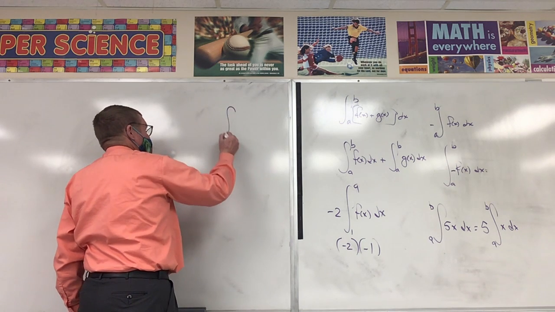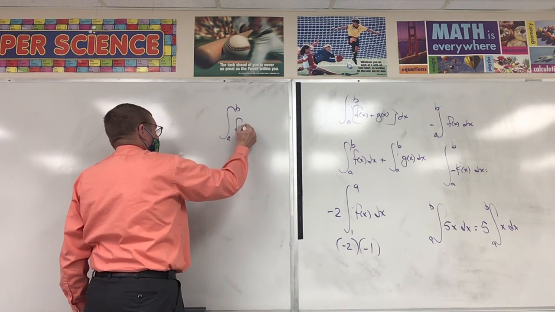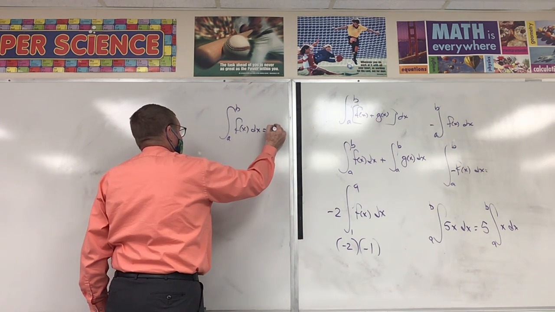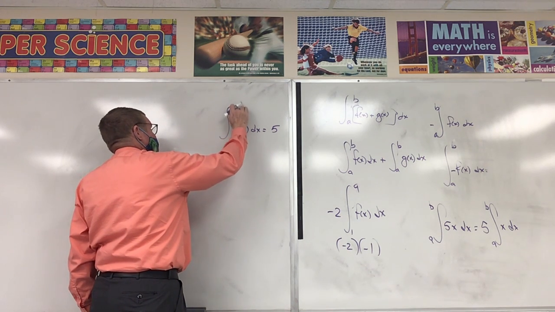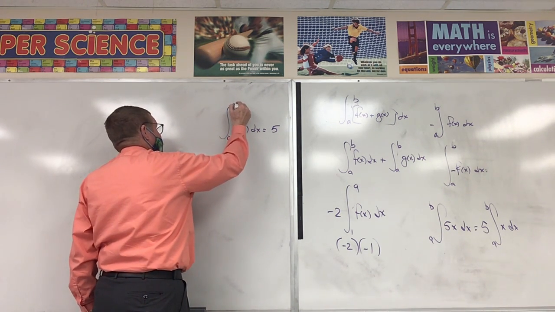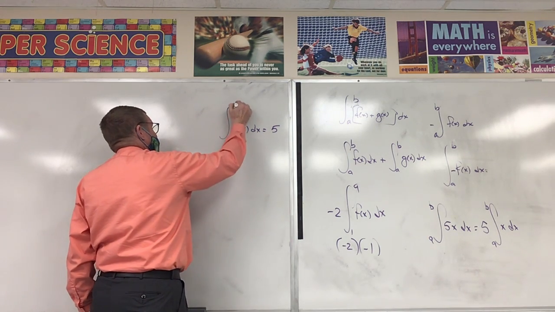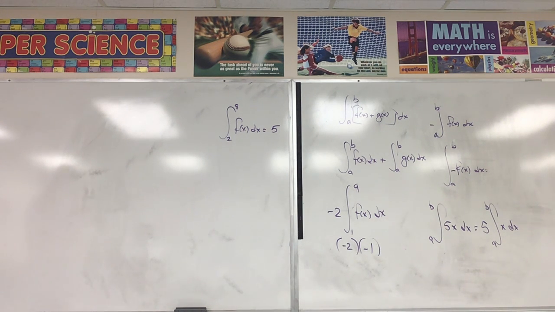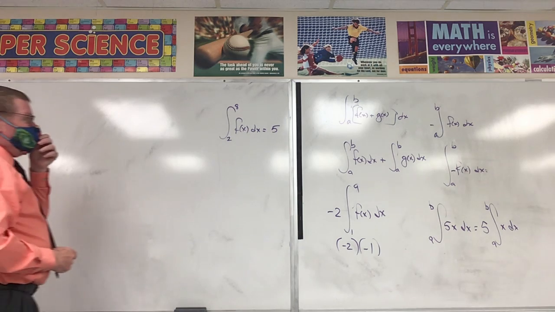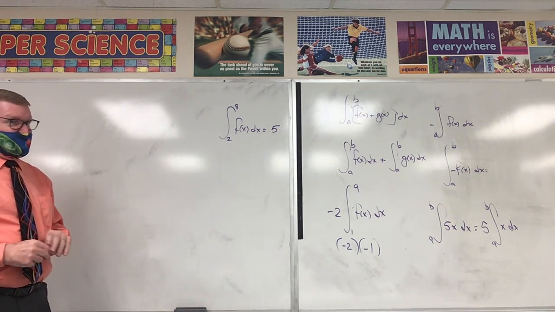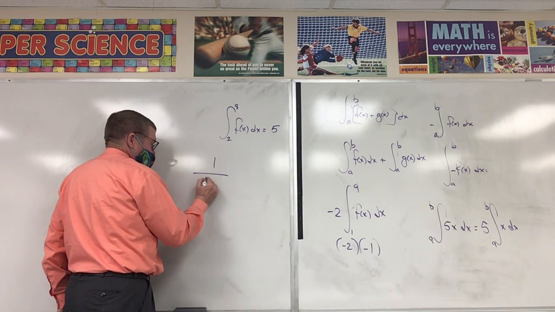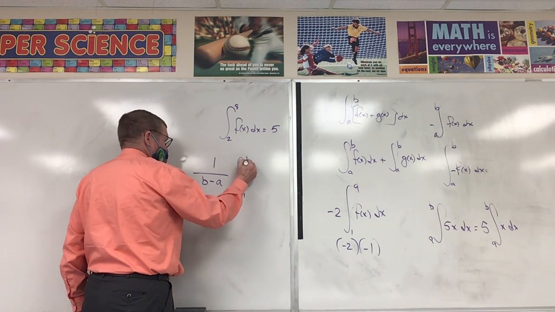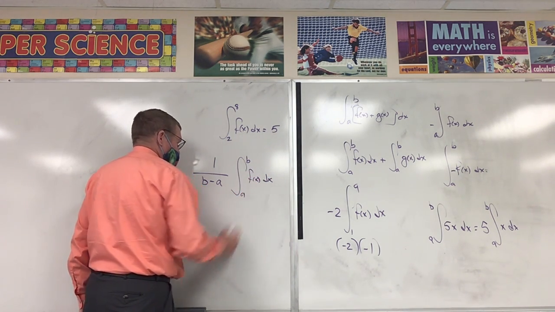Let's say the integral from a to b of f of x dx equals 5. Let me change this a to b to 2 to 8. The mean value theorem states that if I want the average value of this integral, it is going to equal 1 over b minus a times the integral from a to b of f of x dx.